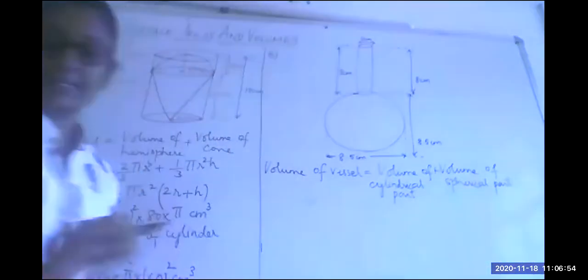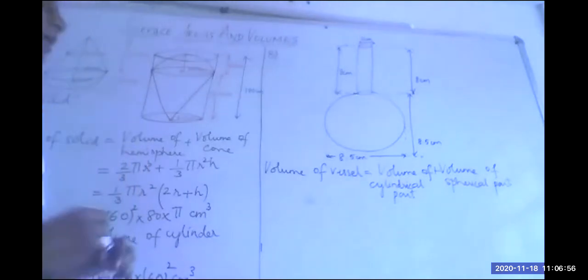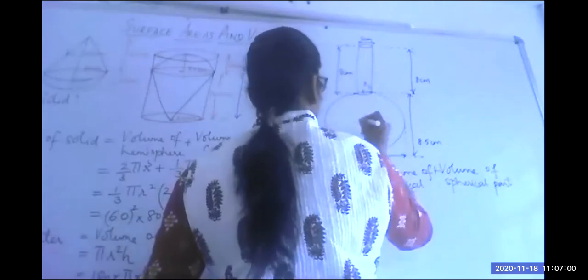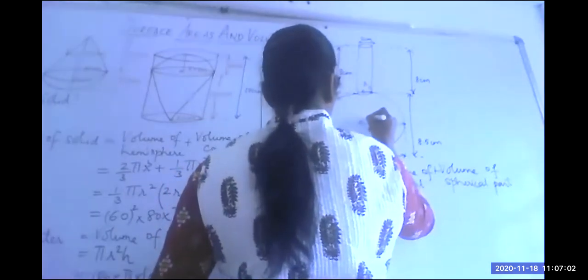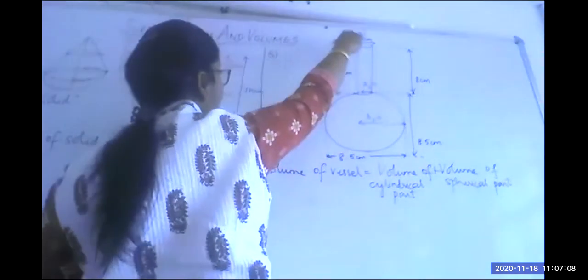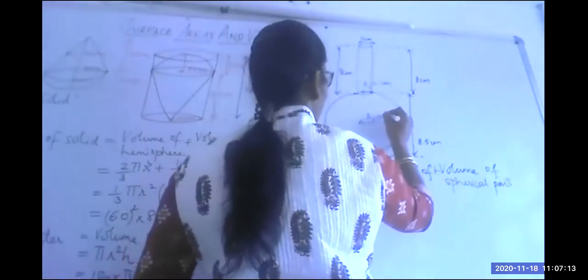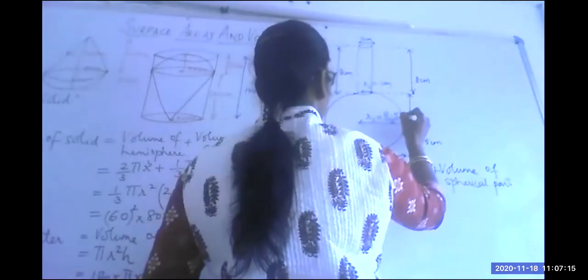Now you have 2 radii which you have to attend to. One is the radius of the cylindrical part. The other one is the radius of the spherical part. So I will call it RC and RS. RC will be half of 2, which will be 1 centimeter. Here it is 8.5 divided by 2.